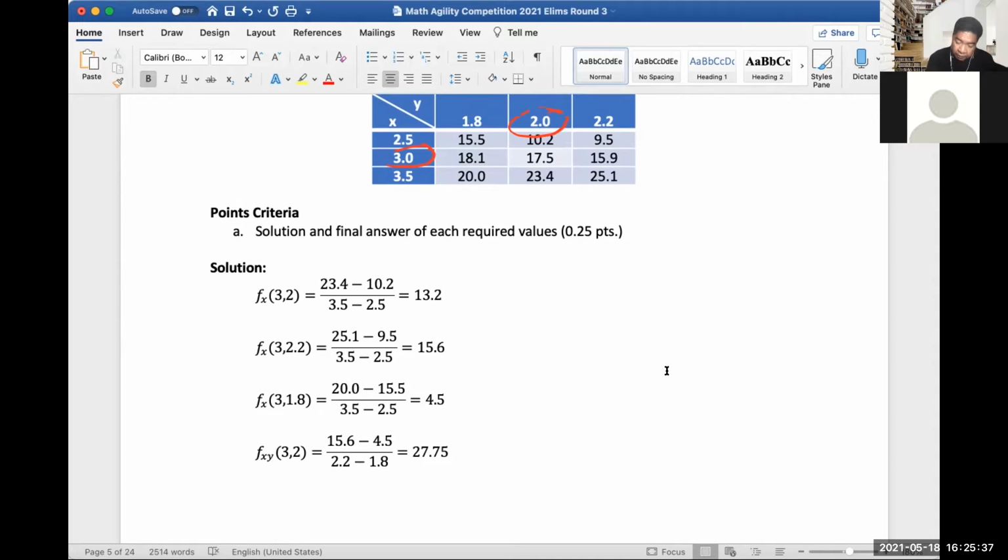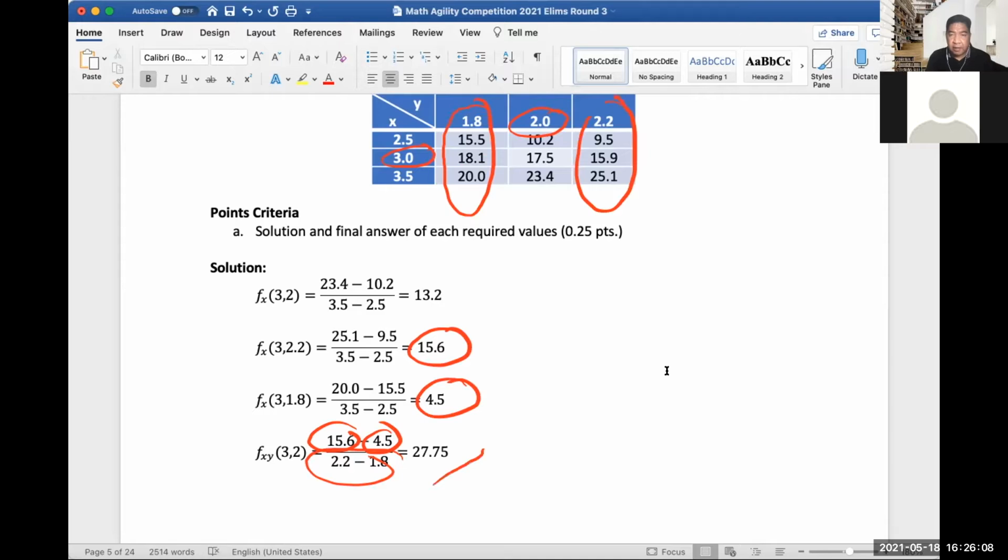So it's in between this value and this. For the y part, that's 15.6 and 4.5 here. We already solved that initially, but this time the denominator would be the y values of 2.2 and 1.8 here. So if you solve that, you will get the value 27.75.